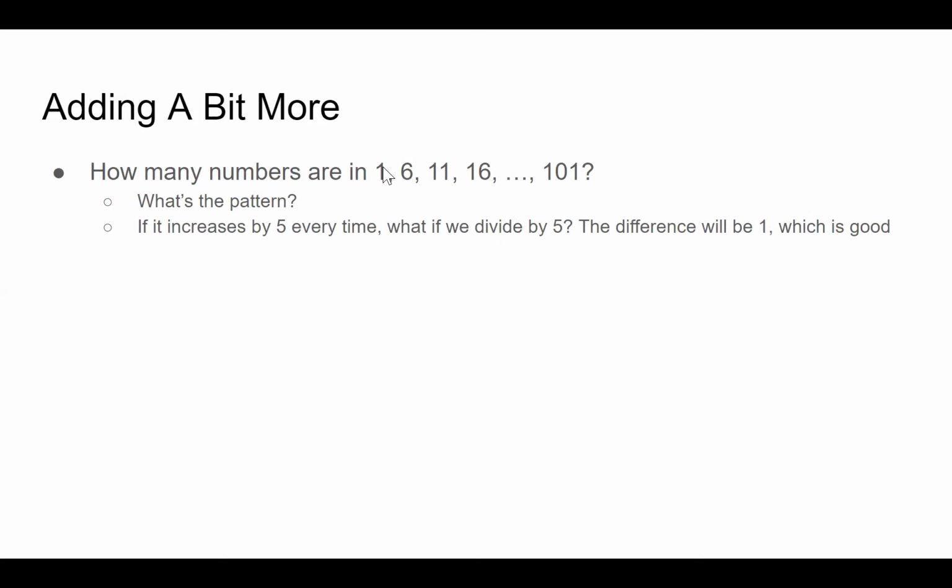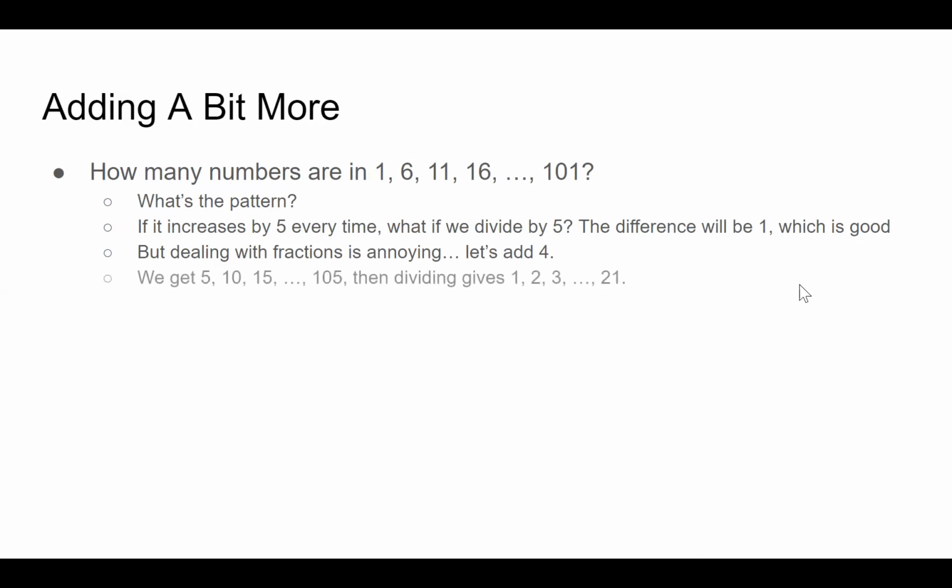But that gives us a bunch of fractions, which is annoying. To get rid of these fractions, you can add 4 to each number, or as Justin said, you can subtract 1 from each number. So adding 4 gives 5, 10, 15, all the way to 105. And then now you can divide easily. So you divide by 5, and you get 1, 2, 3, all the way to 21.